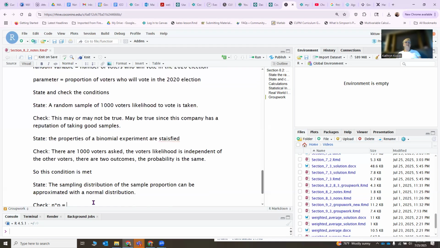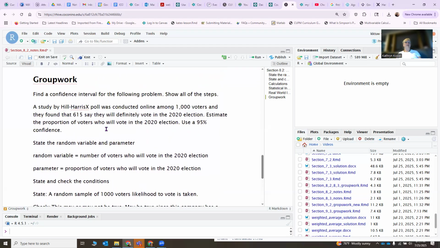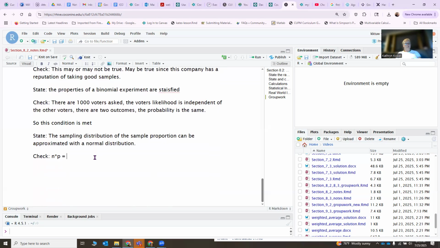Actually, sorry, it will not give us 1,000. It'll give us 615 as an estimate. And N times Q is equal to 1,000 minus the 615. Both of these numbers are more than 5, so we're good.